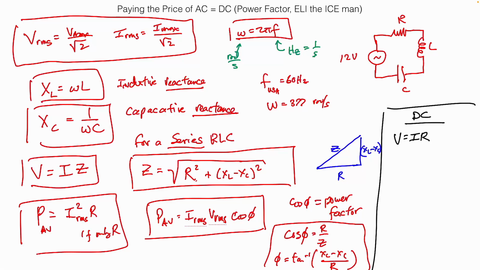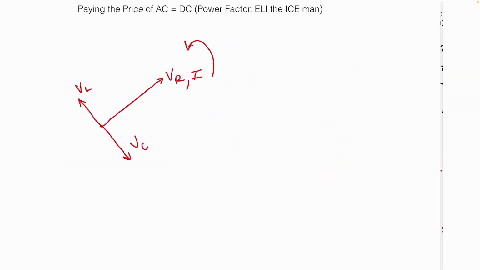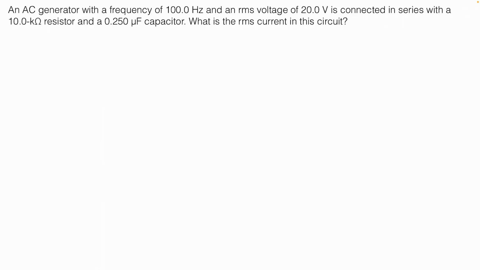Okay, with this toolbox in place, we should now be able to handle various problems in a series RLC circuit. So I'm gonna throw 3 examples at you, and I want to show you how you can use this toolbox for various circuits. It's not just always RLC.